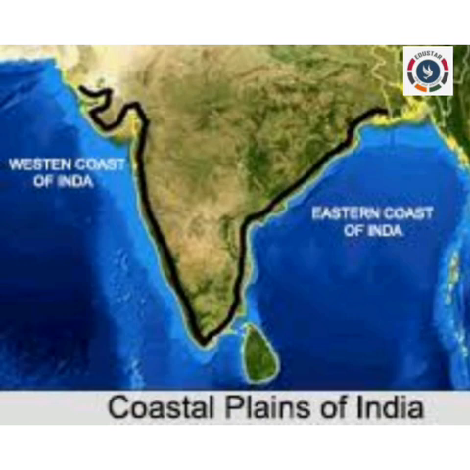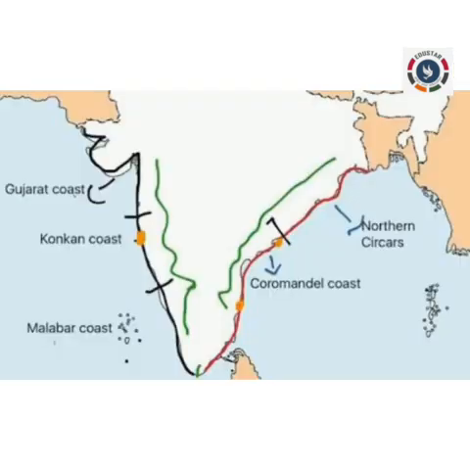The western coastal plain consists of the Gujarat, the Konkan and the Malabar coast. The northern part of the western coastal plain is called Gujarat coast. The middle part is Konkan coast and the southern part is called Malabar coast.